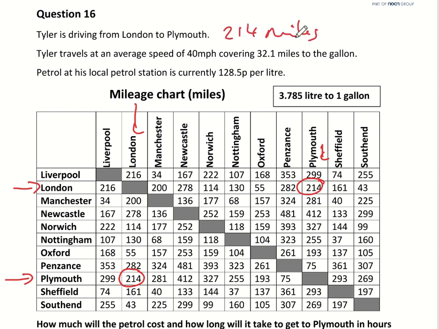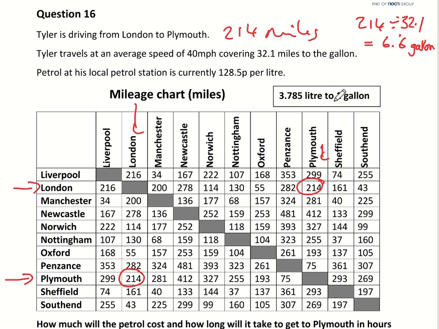Okay, so it's 214 miles and it's 32.1 miles to the gallon. So how many gallons of petrol will this person use? I'll do all the workings here just so that I'm not scrolling up and down the whole time. So that is 214 divided by 32.1, and that is 6.6 recurring gallons.